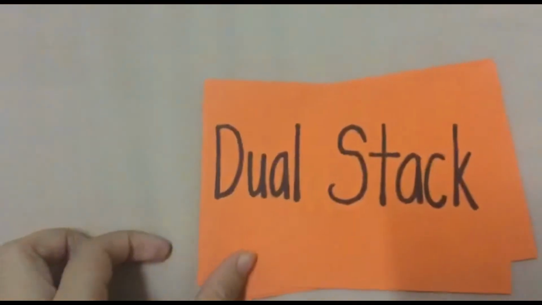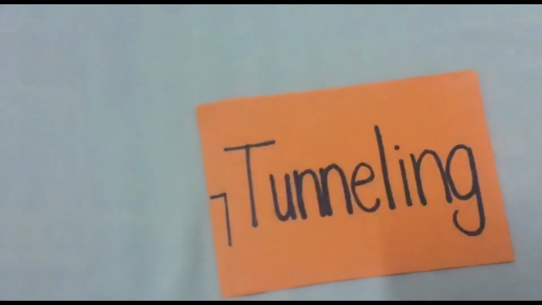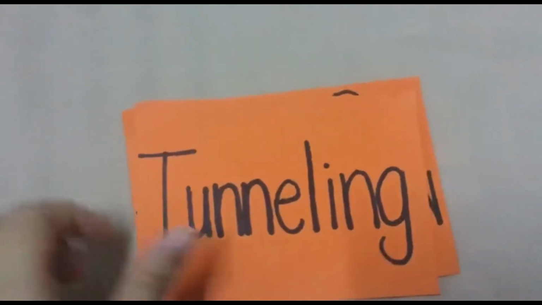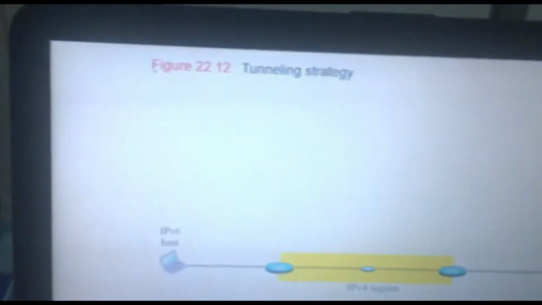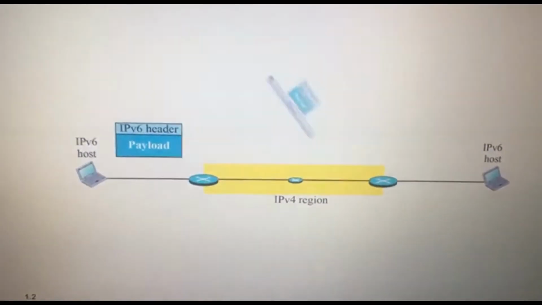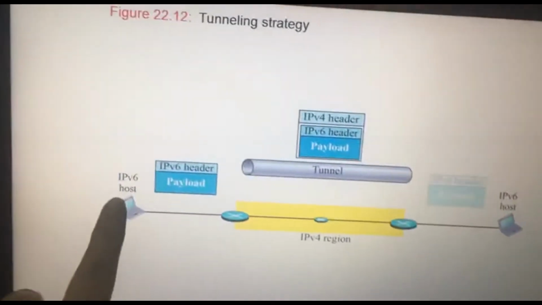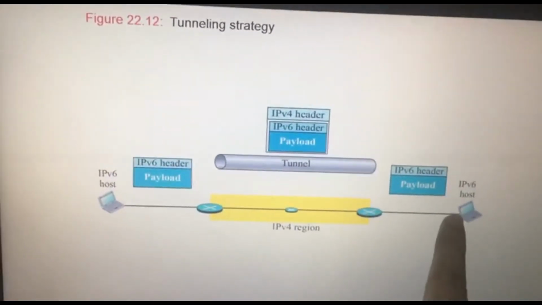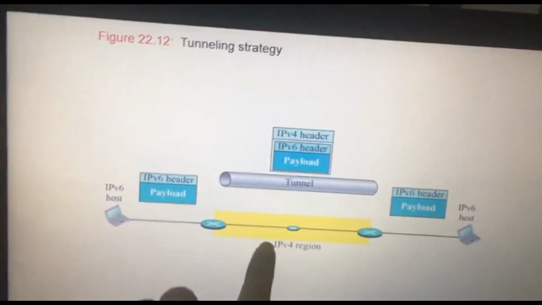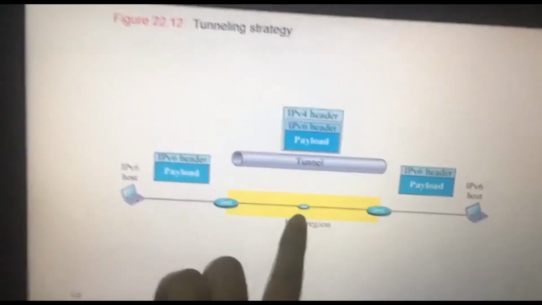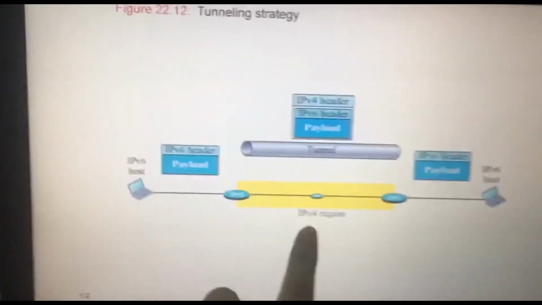Okay, next we will continue to our second strategy, tunneling. This is the tunneling strategy. Here is an IPv6 host, and this side is also an IPv6 host. In the middle, there is an IPv4 region.